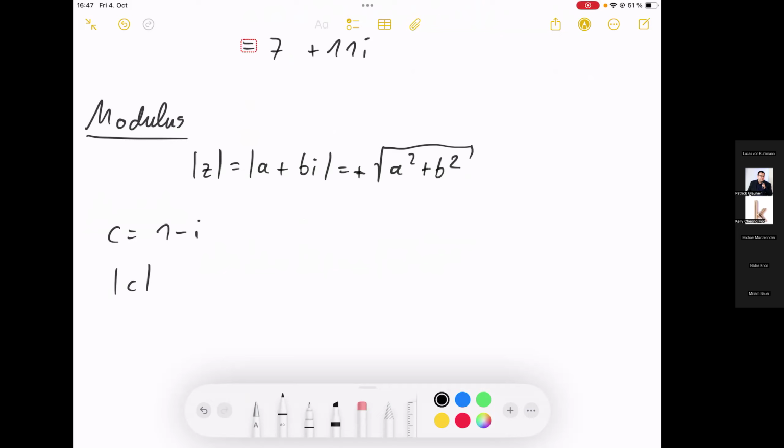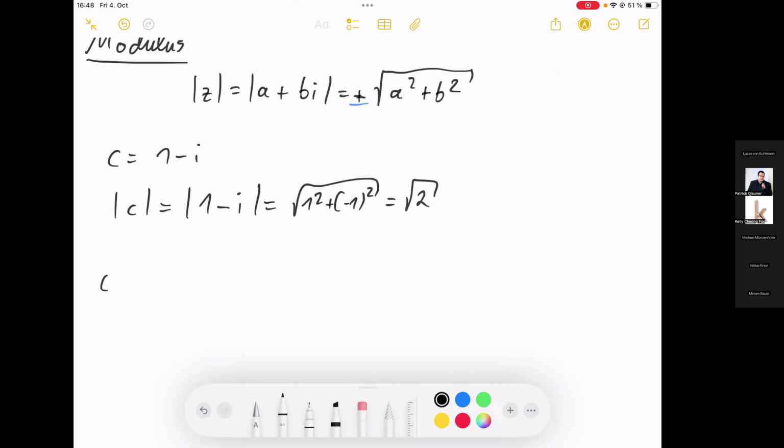It's the square root of 2. That's correct, because it is the modulus of 1 minus i. And I leave out this plus now, because we anyway just take the positive one. So it's the square root of 1 squared plus minus 1 squared. So it's the square root of 2.